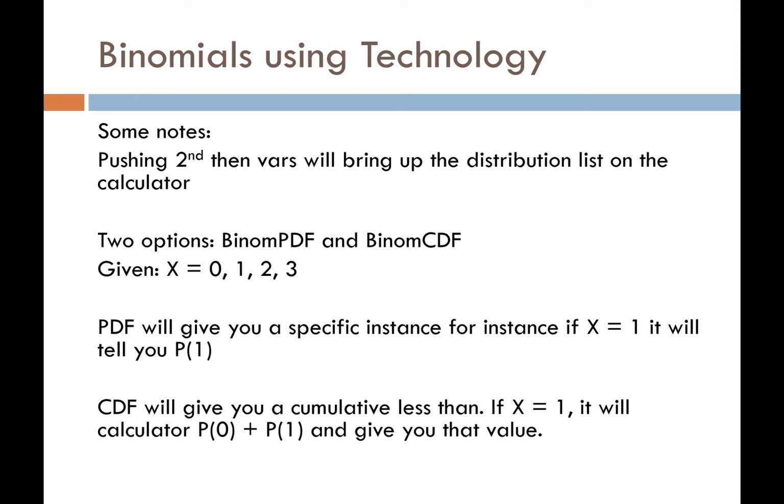With that being said, CDF is considered to be cumulative. If we use CDF, we are going to get every value equal to or less than the value that is stated. So if you do the CDF of x equal to 1, it's going to calculate P of 0 plus P of 1 and give you that value.